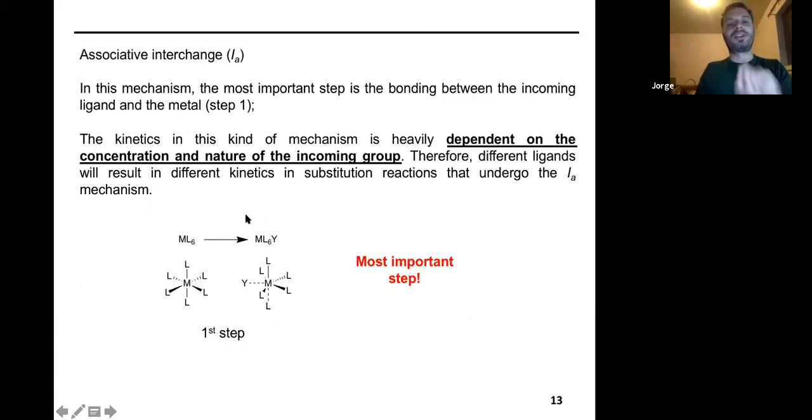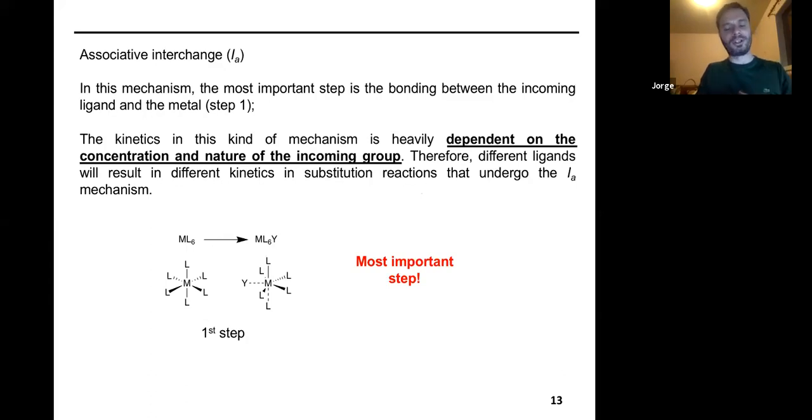And a characteristic of this kind of reaction is that this mechanism is heavily dependent on the concentration and nature of the incoming group. Therefore, different ligands will result in different kinetics in substitution reactions that undergo the associative interchange mechanism.